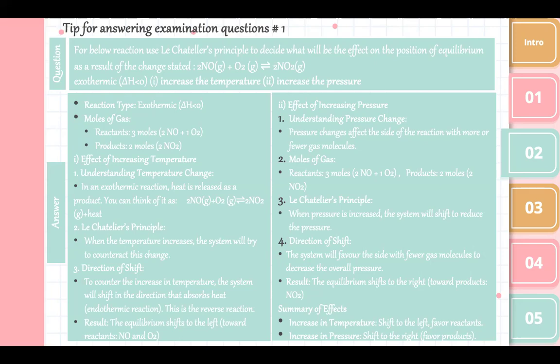So the reaction type is exothermic, and the moles of gas in the reactants is 3 moles, which is 2NO plus 1 O2. For the product, you have 2 moles, which is 2NO2. In terms of the effect of increasing temperature, in an exothermic reaction, heat is released as a product. So you can think of it as 2NO in gas form plus O2 becoming the product 2NO2 in gas form plus heat.